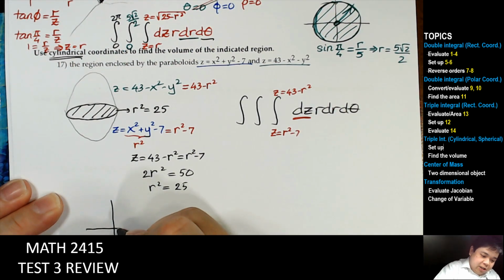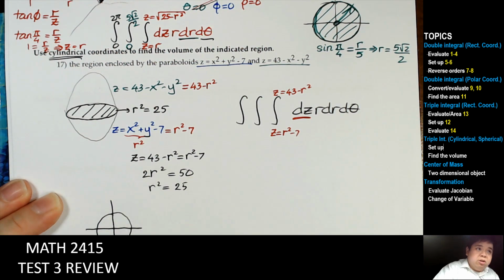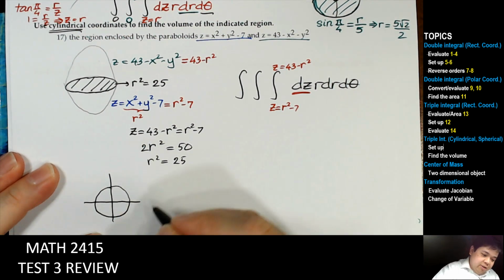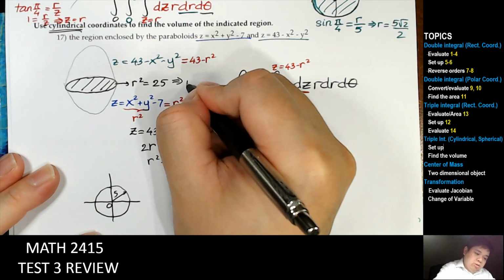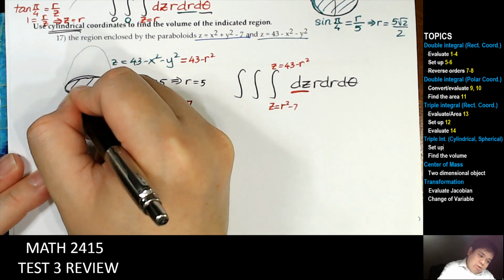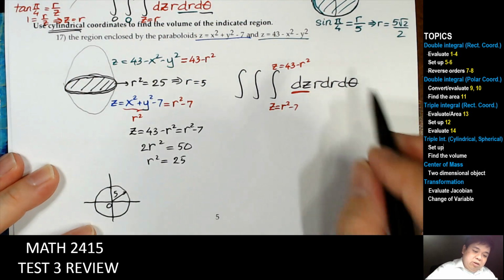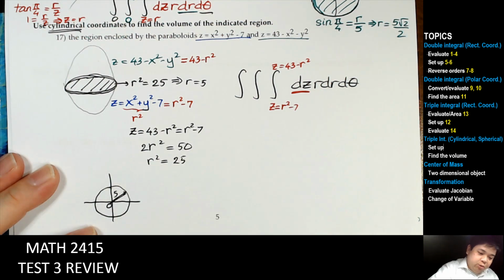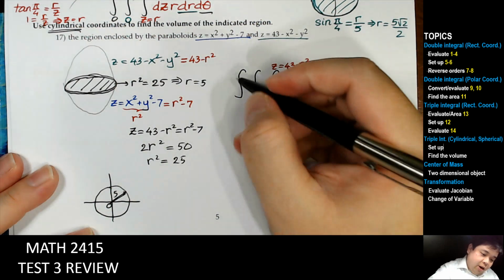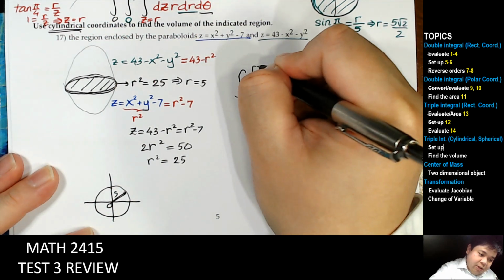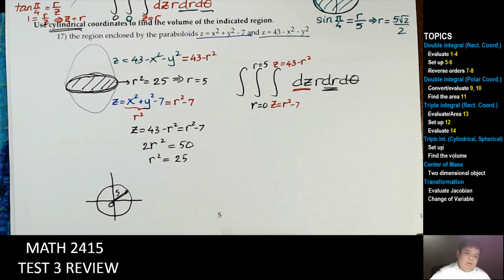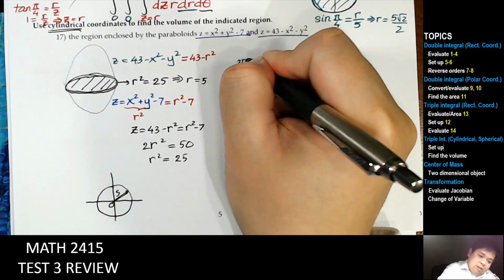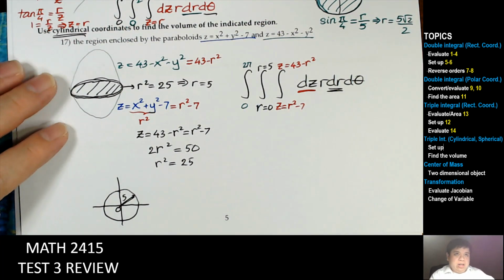If we plot that in two dimensions, we just have 0 to 5 because r squared is 25, so r is equal to 5. That's on the edge though. The limit for r is going to be from the center to the outside, so r goes from 0 to 5. And then theta again will complete one revolution. I'll let you evaluate that integral.